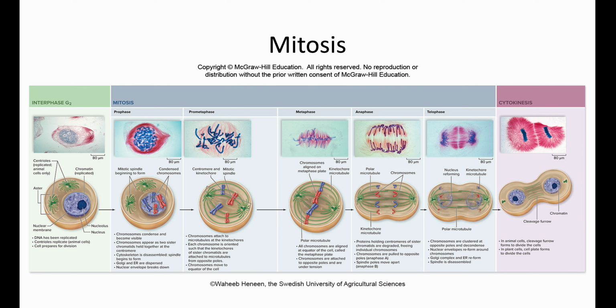So mitosis, this is a figure from your book, and this is just showing you the different stages of mitosis. And so in interphase, the nucleus is there, the chromatin is all strung out. You can't see the structure of chromosomes very well.